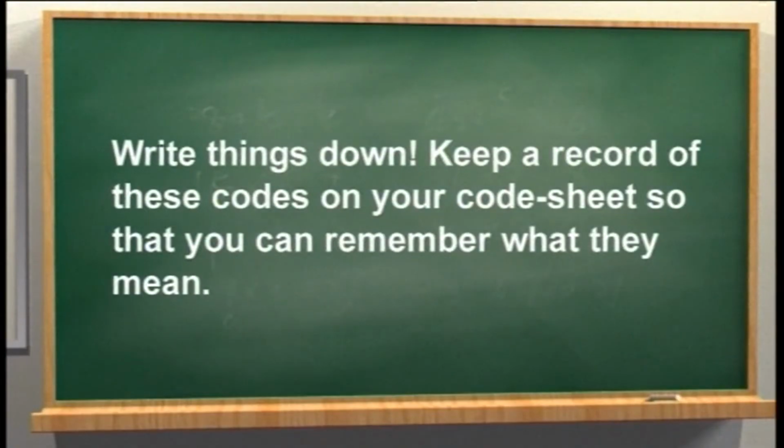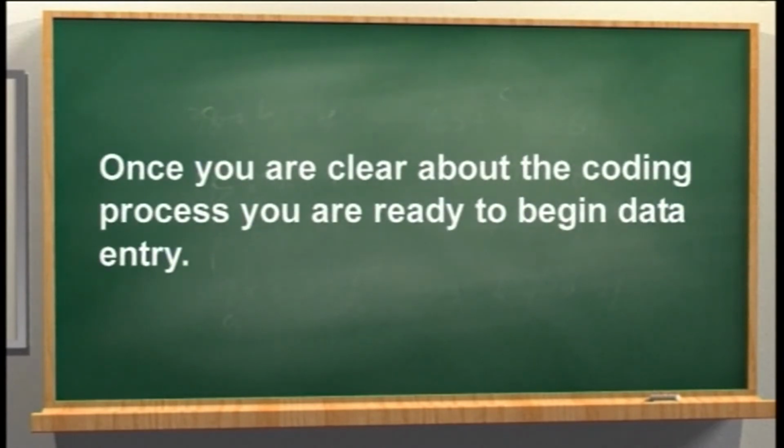Open-ended items that have more individualistic responses, such as "what else do you think about this topic," need to be coded more creatively. Remember, write things down. Keep a record of these codes on your code sheet so that you can remember what they mean. Once you are clear about the coding process, you are ready to begin the data entry.